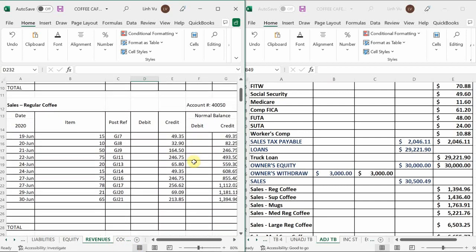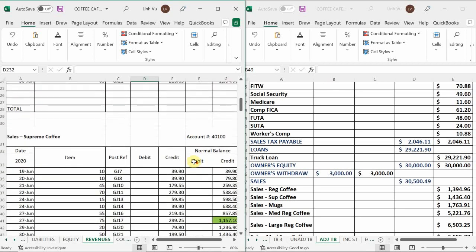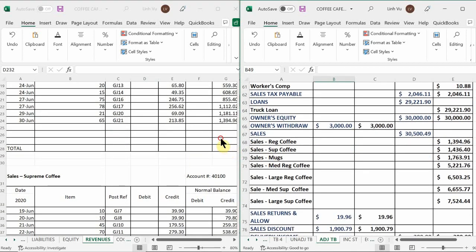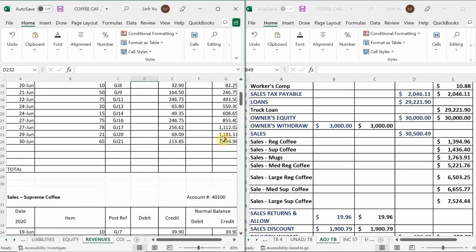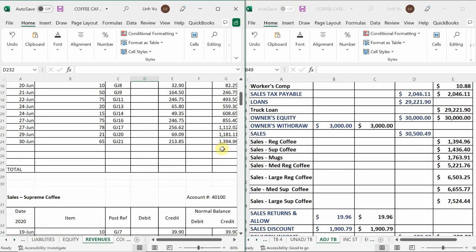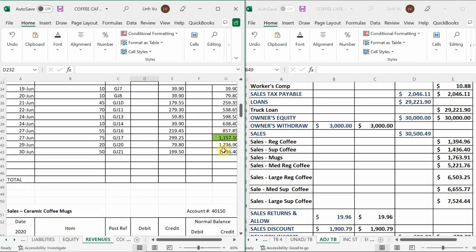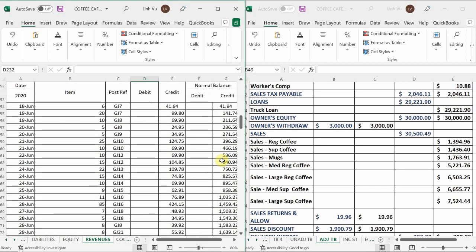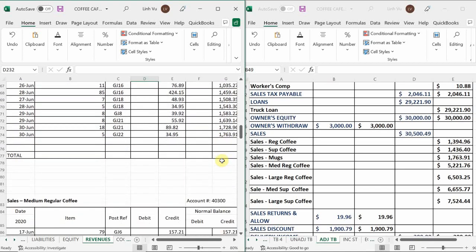And then my revenues. I don't believe we did any changes to revenues, because we've already tallied up our totals for sales. But let's just go through it one more time. Total sales for regular coffee should be at $13.94. Supreme should be at $14.36. Ceramic coffee mug should be at $17.63.